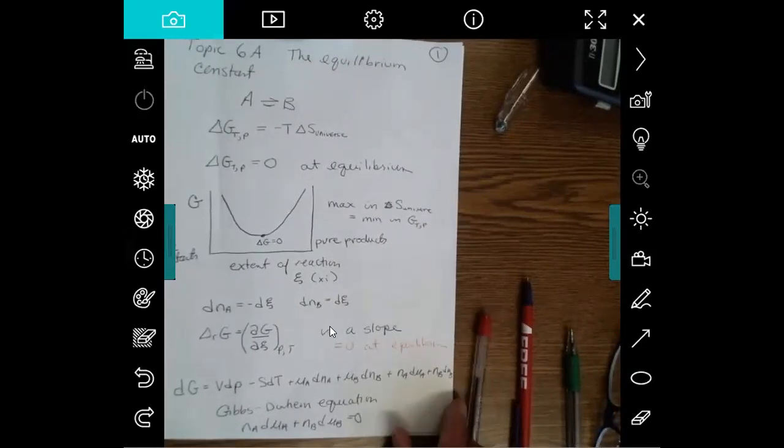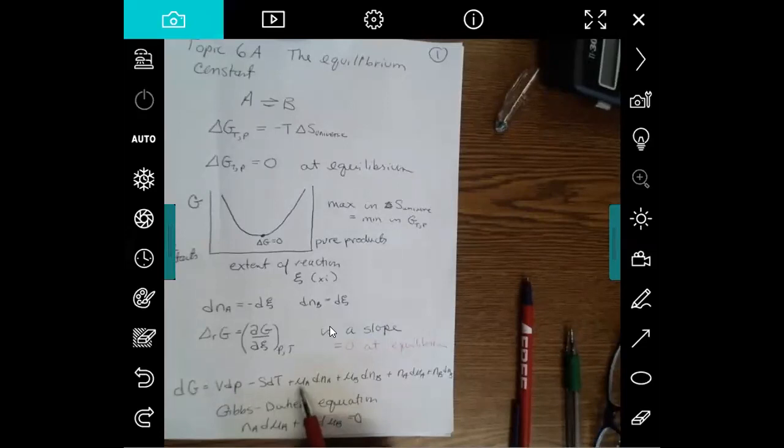So how does Gibbs free energy change, and how do we want to think about why it's changing as a chemical reaction takes place? So here's our whole expression. Gibbs free energy changes, we saw, as a function of volume, or as a function of pressure and temperature, and the proportionality constants are volume and negative entropy.